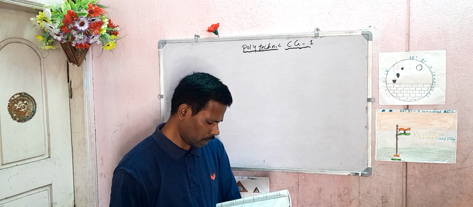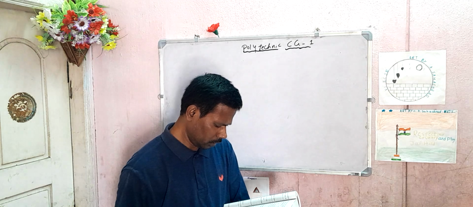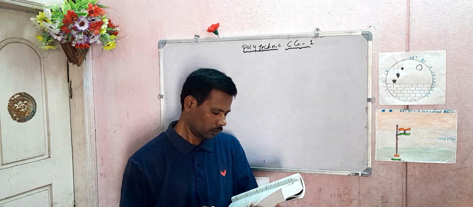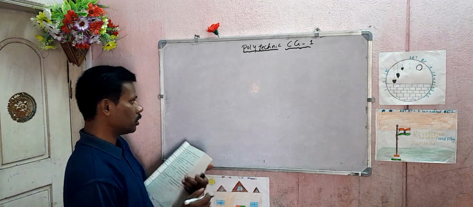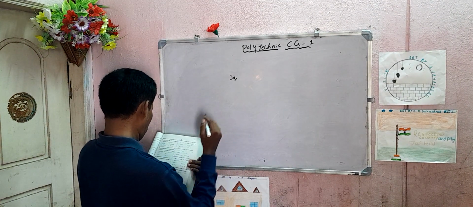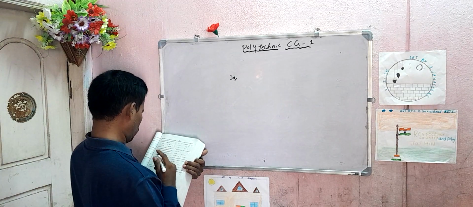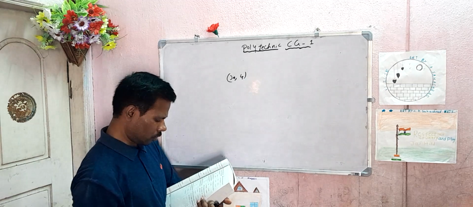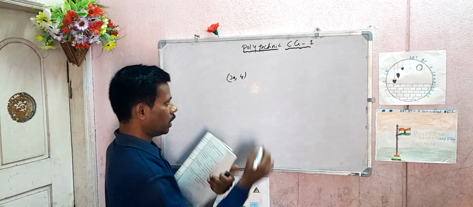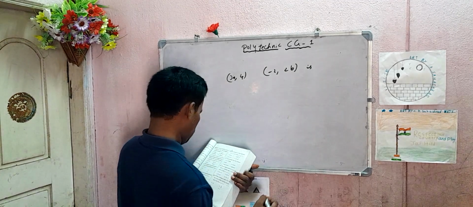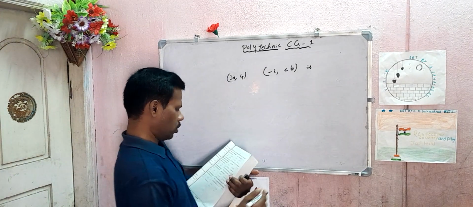The midpoint of the line segment joining, find the value of b. This is totally different. The midpoint of the line segment joining (3a, 4) and (-2, 2b) is (2, 2a plus 2). I will write the question on the board.